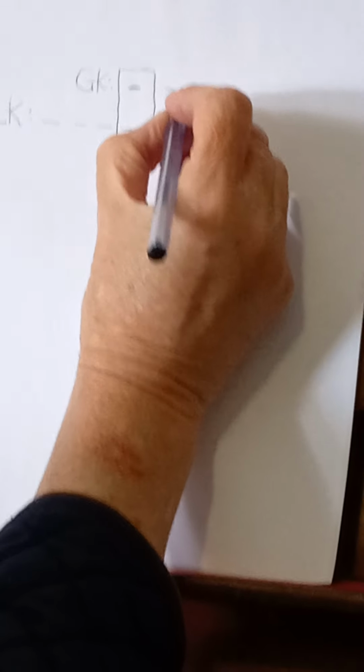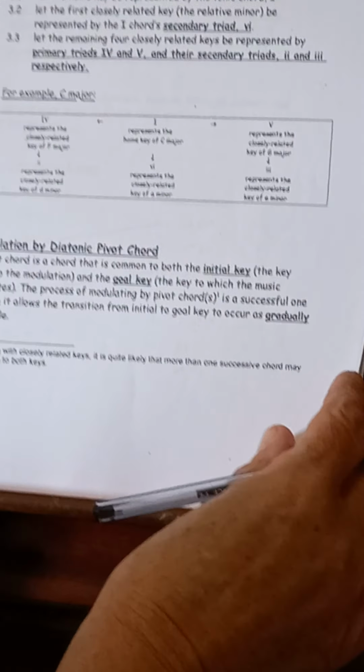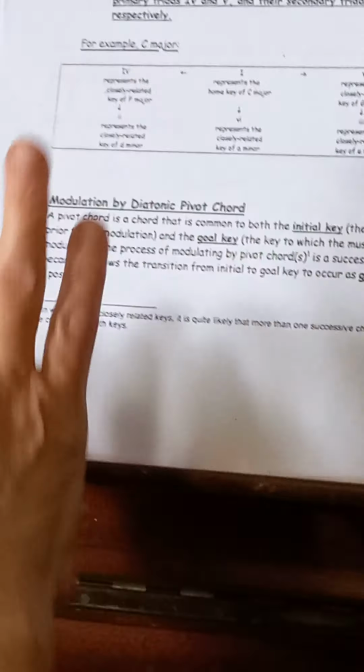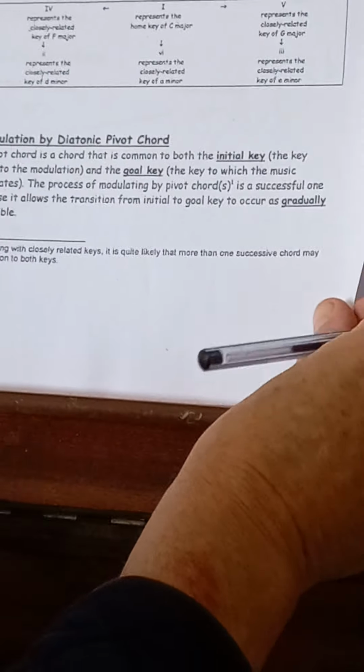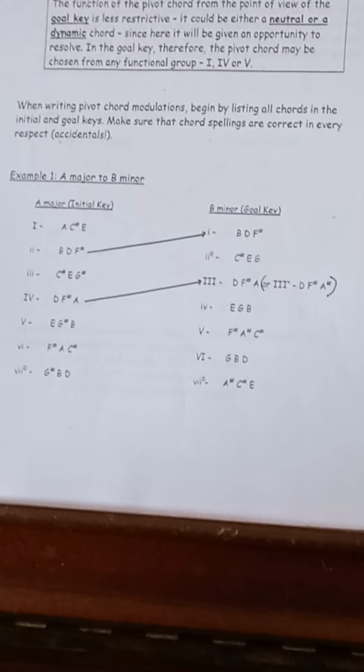And then you simply from that point carry on in the goal key. That's how a pivot chord modulation works. The point of it being that the transition from one key to another needs to be as gradual as possible so that you don't shock your listener by suddenly changing key. That's the point of it.